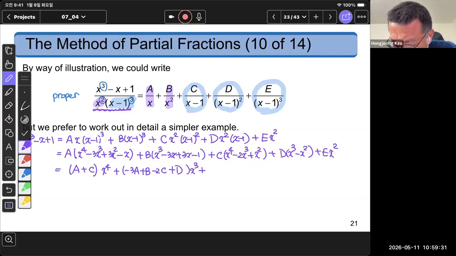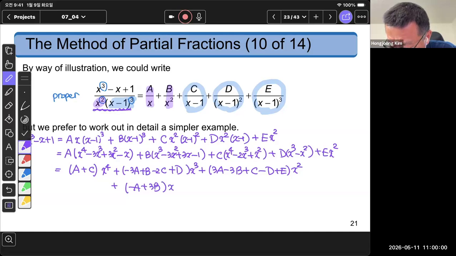In case of x squared, I have 3a minus 3b plus c minus d plus e. Then minus a plus 3b is the coefficient of x, and the constant term is minus b.